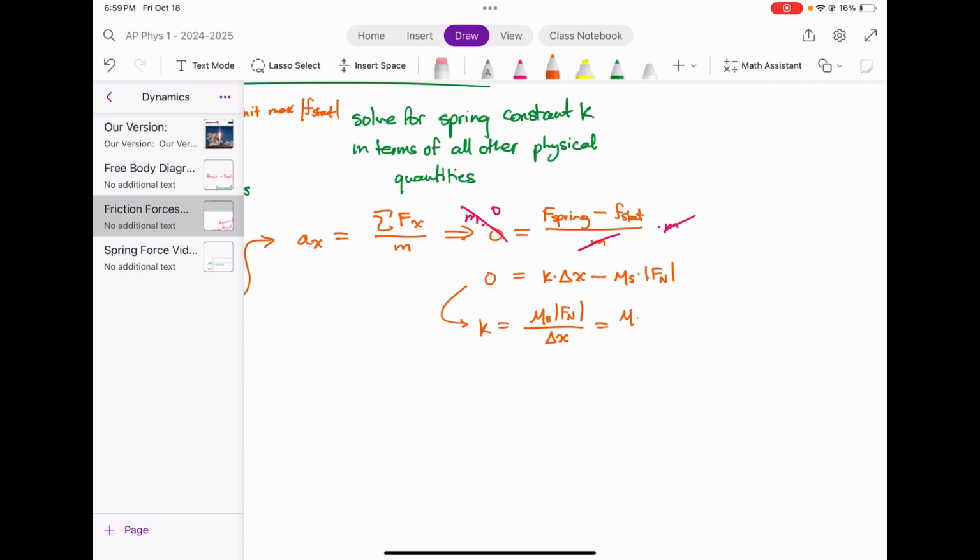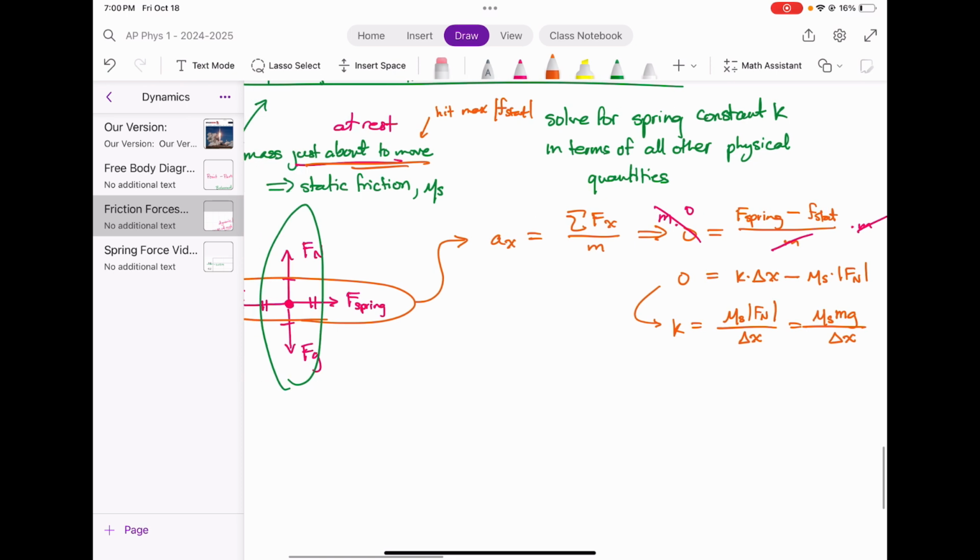So this would be mu s times the force of gravity on the object, which is just m times g. So here's the relationship. K equals mu s times mg divided by delta x. This is what we call functional dependence.